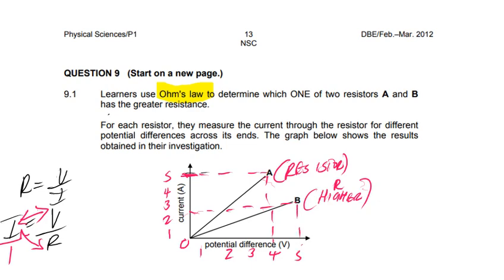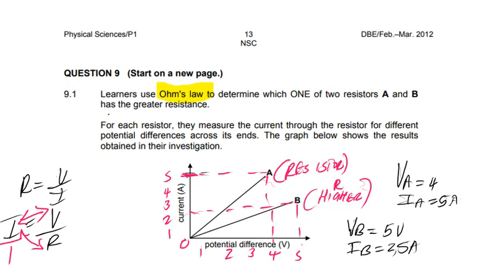At this point it's 5, and at this point it's 2.5. So for B, VB I'll just take 5, and IB is 2.5 amps. For A, VA I'll take 4, then IA I'll take 5 amps.